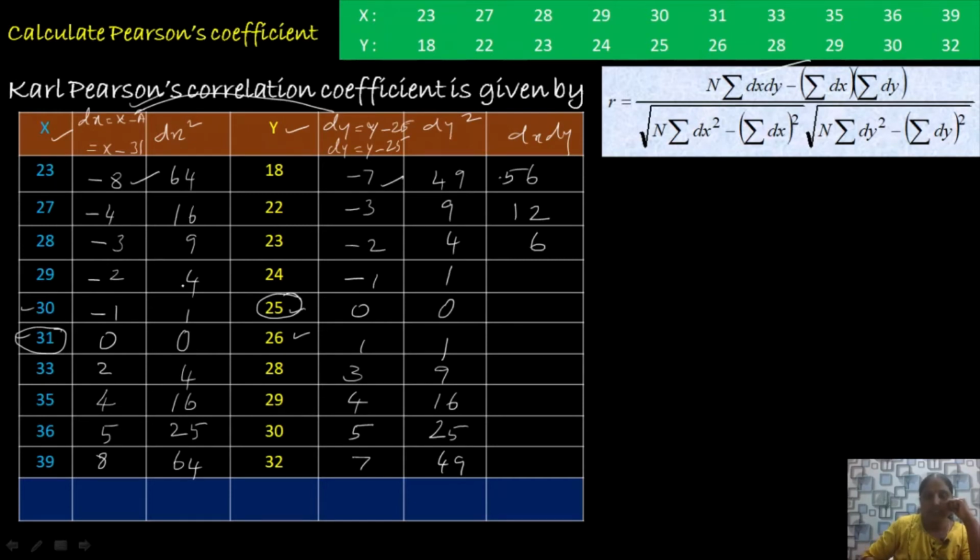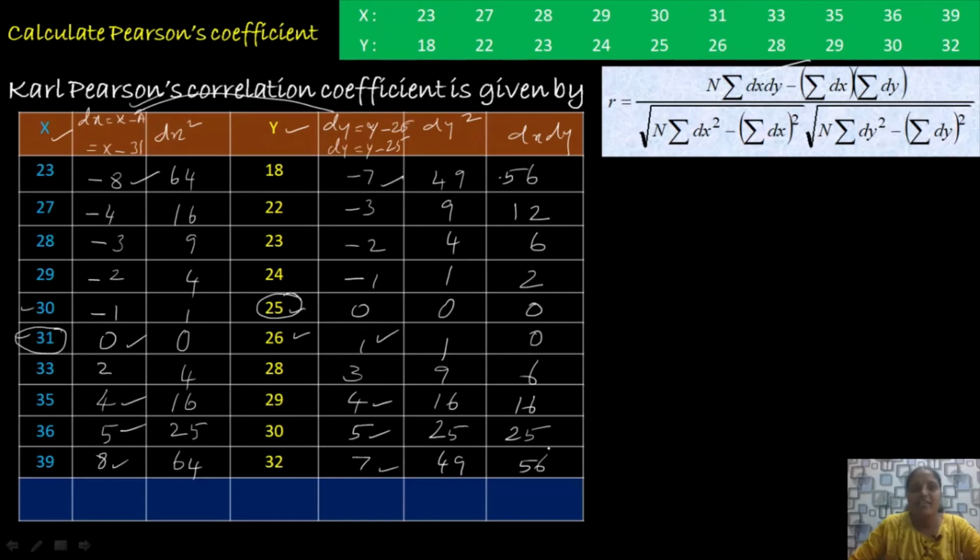Minus 2 multiplied by minus 1 is 2, and minus 1 multiplied by 0 we get 0. Next, 0 multiplied by 1 we get 0 again. 2 3s are 6. Next 4 4s are 16. 5 5s are 25. 8 7s are 56.